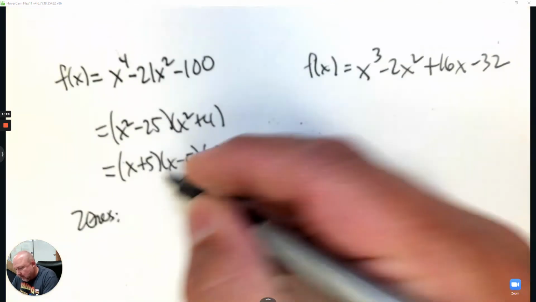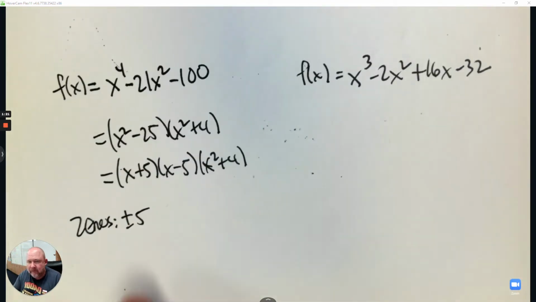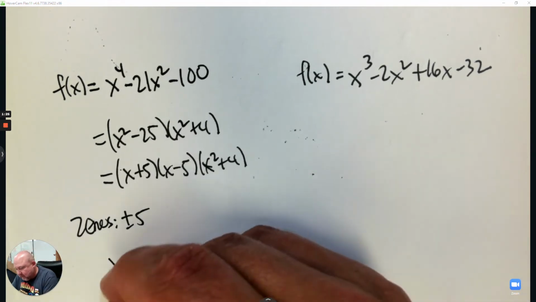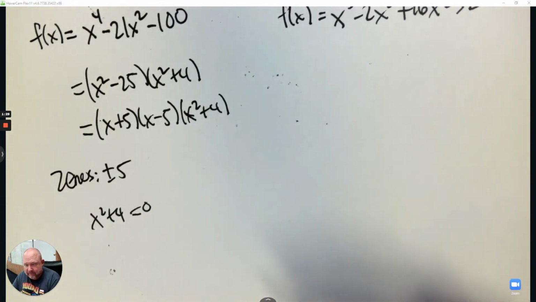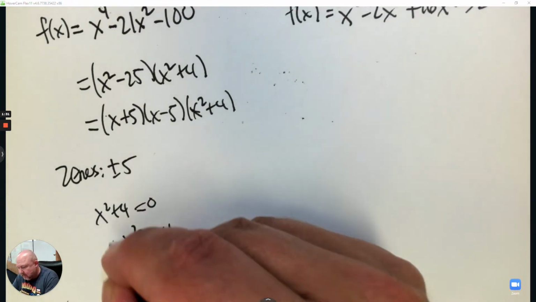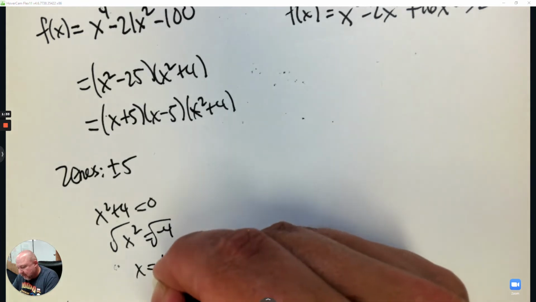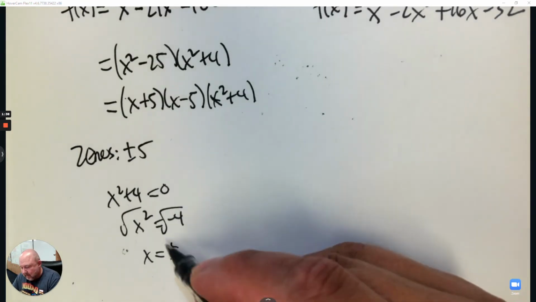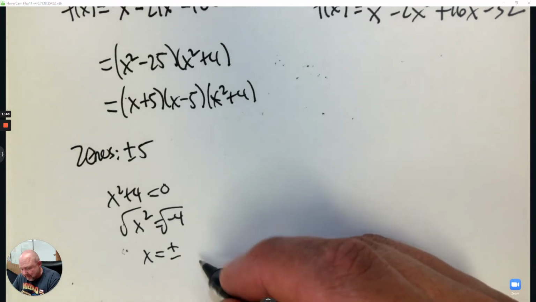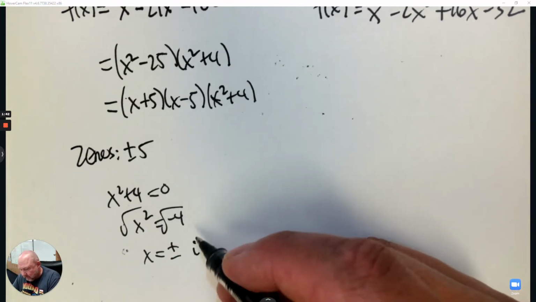So I already know that I have zeros at positive 5 and negative 5. If I take x squared plus 4 and make it equal to 0, I can just solve it separately. So I can subtract 4. We know the answer is both positive and negative when solving a quadratic. The square root of a negative number is imaginary, and the square root of 4 is 2.